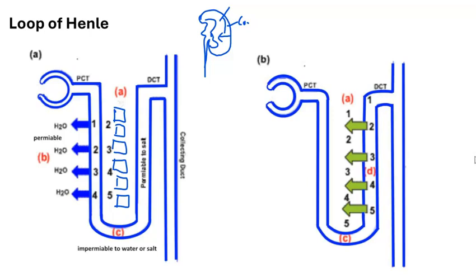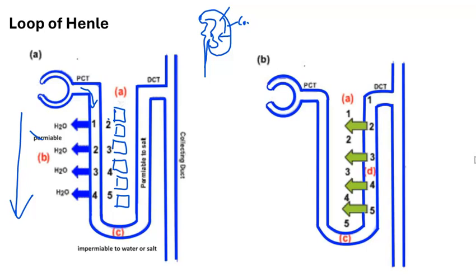Now, as the filtrate leaves the proximal convoluted tubule, despite the fact that 80% of the water has already been removed, as the filtrate passes through the descending limb of the loop of Henle, this is actually permeable to water.